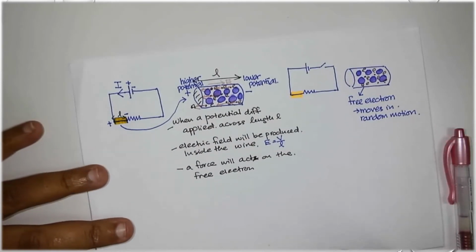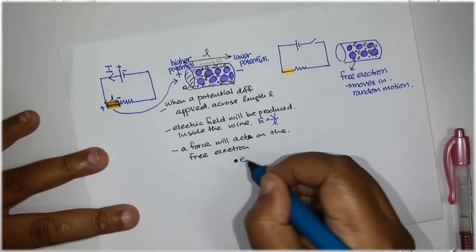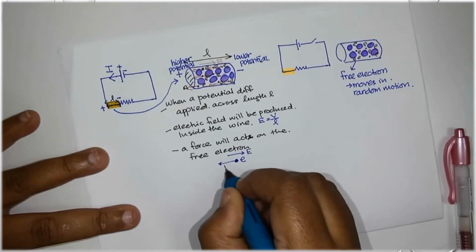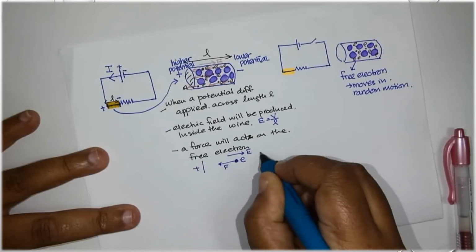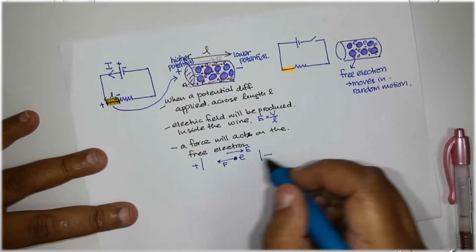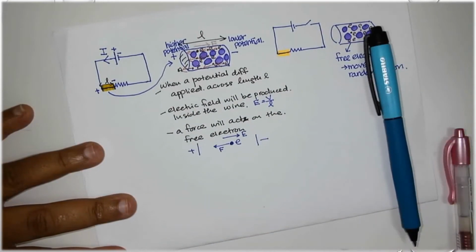Here is the free electron, this is the direction of the electric field, this will be the direction of F, this will be the positive, this one the negative. So this force will be F equals QE.